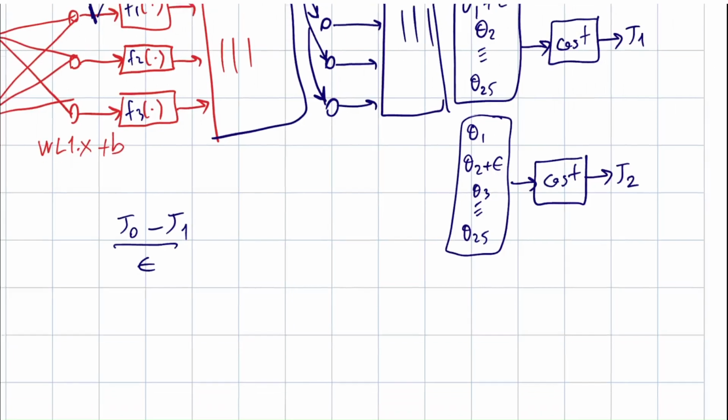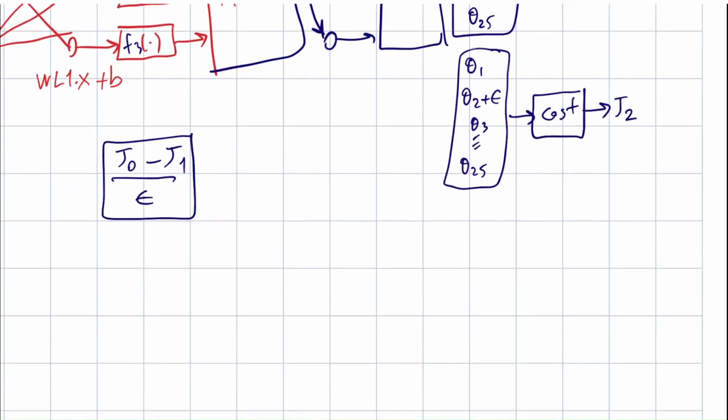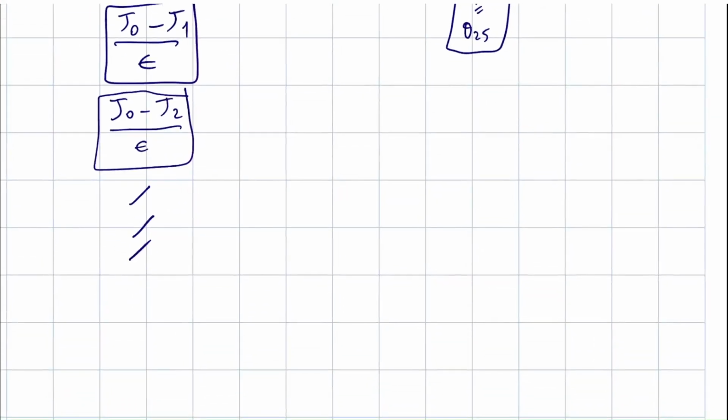This is just a number. So you do the same for J2, and again for J3, J4, up to J25 over epsilon.